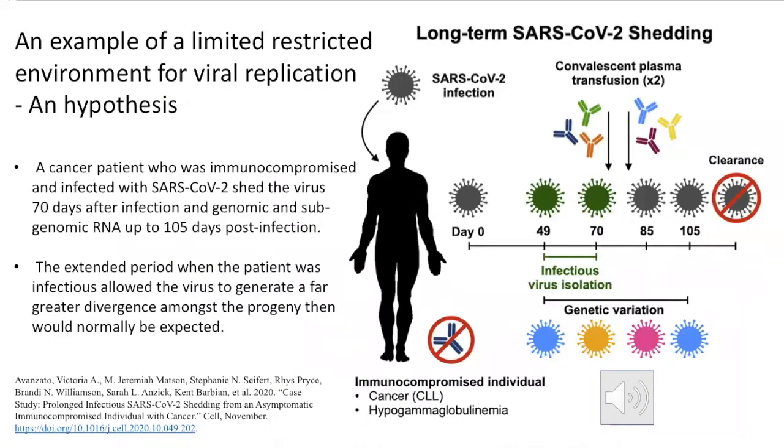A suitable unrestricted environment where the virus can replicate is immunocompromised patients. And this was suggested by Victoria Avanzato and her colleagues, who were working with immunocompromised patients and observed that one of their patients, who was infected with SARS-CoV-2 but asymptomatically, continued to shed the virus after 70 days after infection and continued to shed viral RNA up to 105 days after infection.